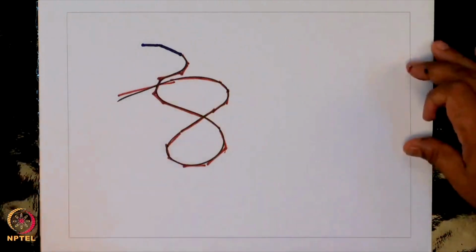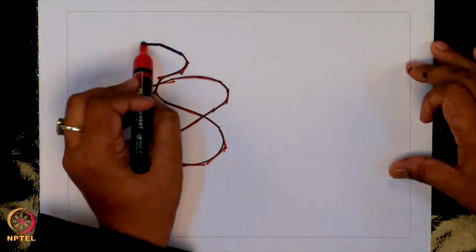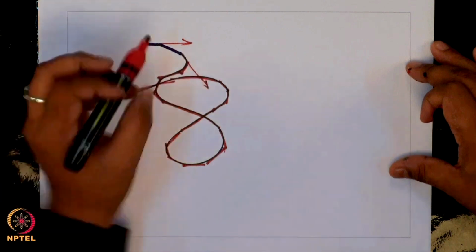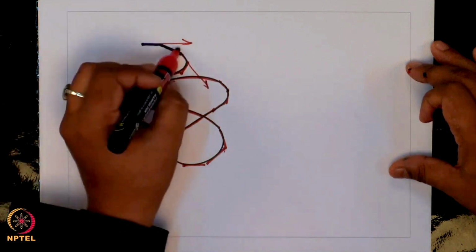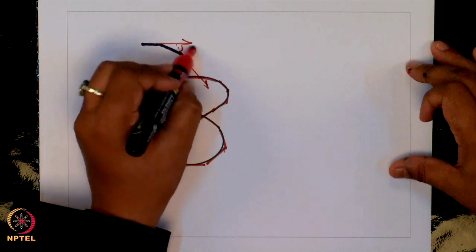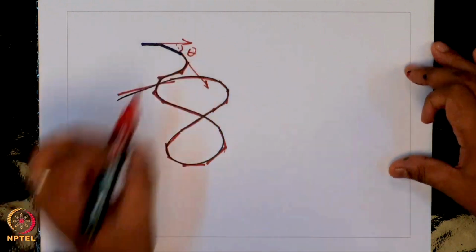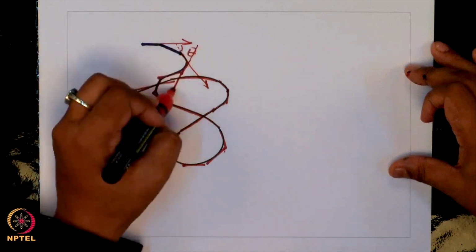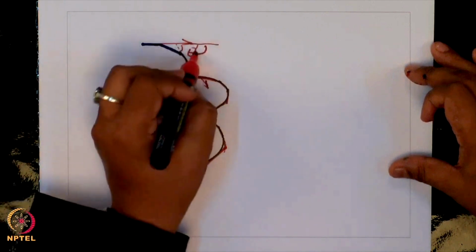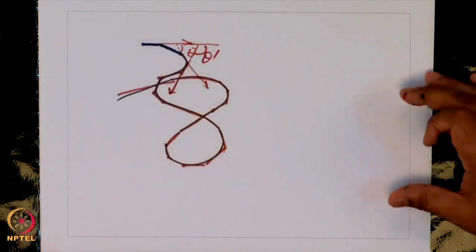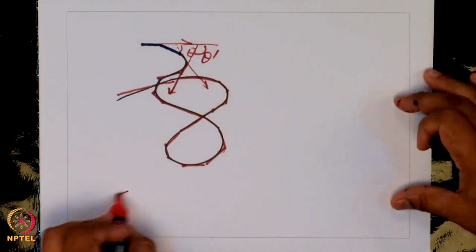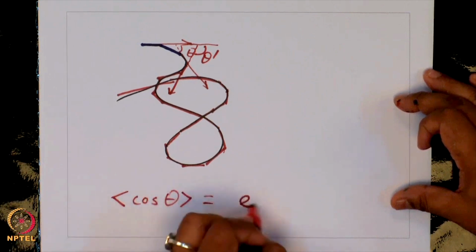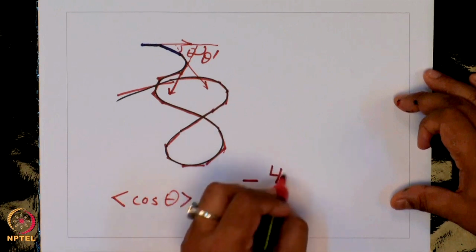Essentially, between any two lines, say this and another a distance d apart, I can find out the angle theta. Similarly, between this trajectory here, I will have some theta prime. So, you can arrive at an equation: the average of cos theta is equal to e to the power minus L by p.